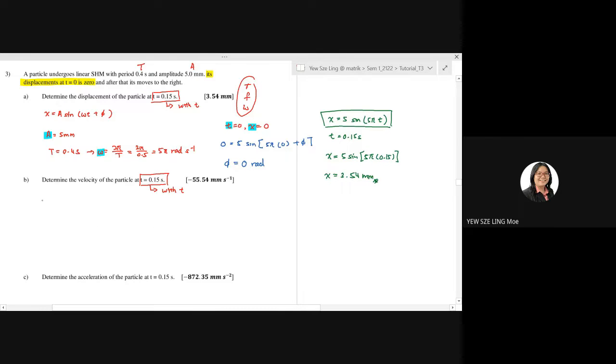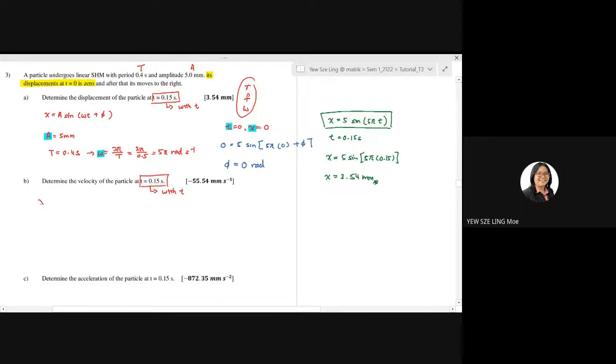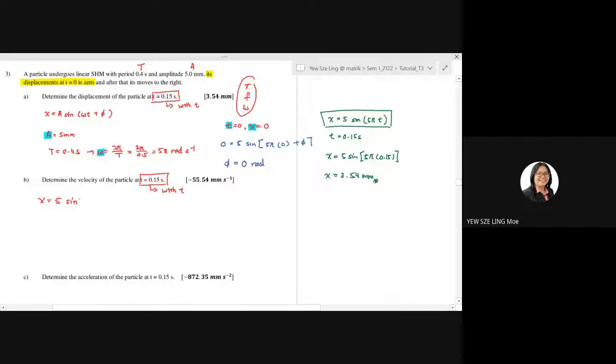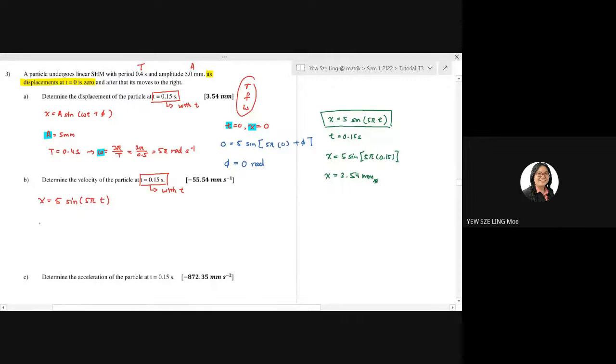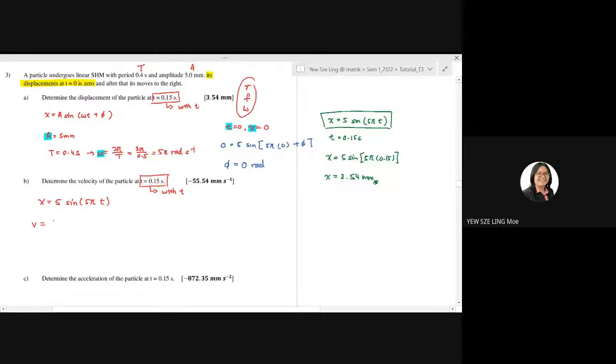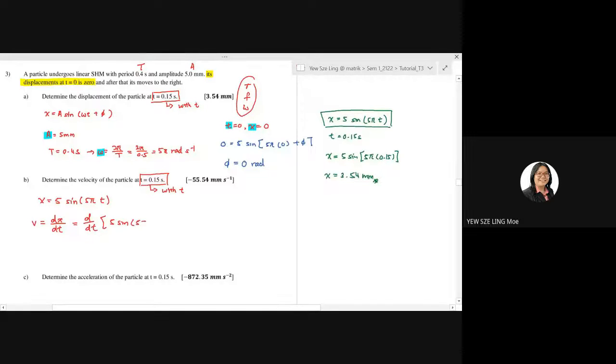I'm going to differentiate x. So given x equals 5 sine 5 pi t, I'm going to differentiate this equation. So v equals dx over dt, which equals d over dt of 5 sine 5 pi t. So I differentiate it. What am I going to get?